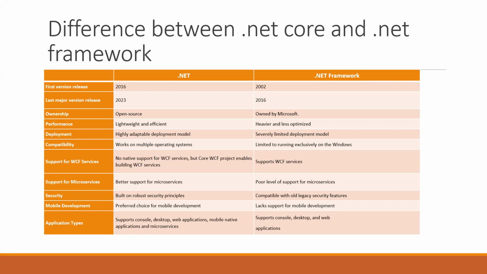This is partly because .NET is built to be lightweight and efficient, with a smaller runtime and fewer dependencies. It has been optimized to meet the demands of cloud-based applications, which often require a high level of scalability and performance.